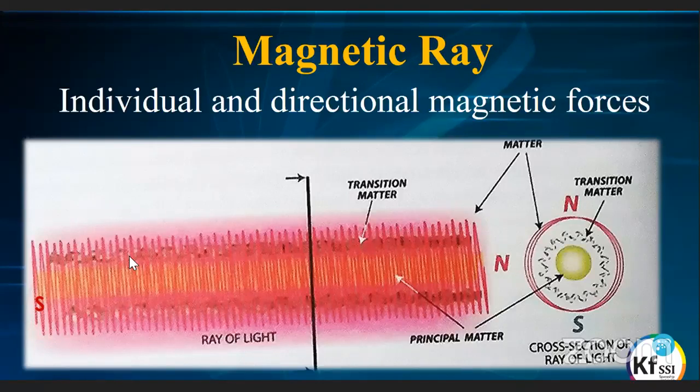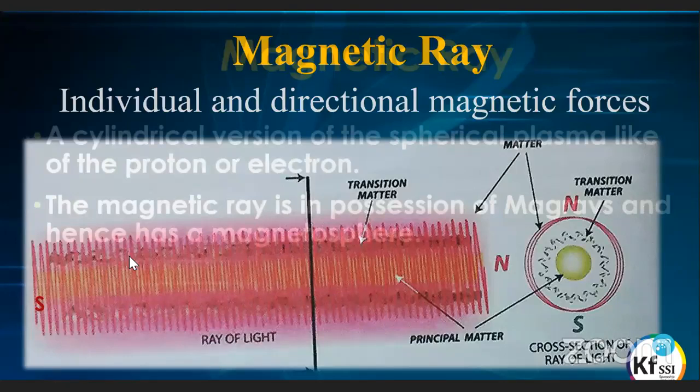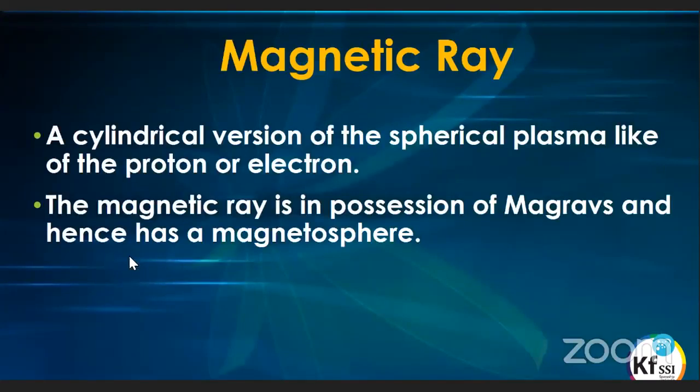So these magnetic rays are the individual rays that come together. Another way of explaining them is it's a cylindrical version of the spherical plasma, like the proton or an electron. This magnetic ray is in possession of its own magnetic and gravitational fields, and hence has its own magnetosphere.